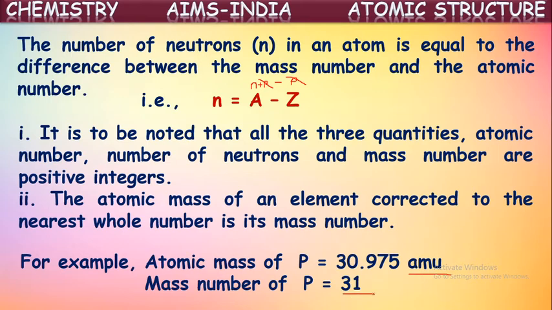This represents the number of protons plus the number of neutrons present in the nucleus of the phosphorus atom. So the mass number is always a whole number and a positive integer, because it represents the number of fundamental particles.